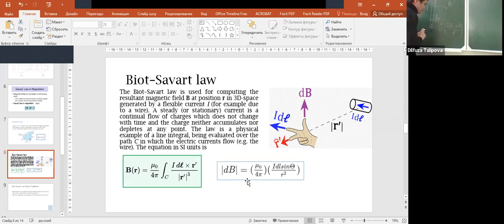But we need to find B, not the derivative of B. So B at some distance r is equal to mu 0 divided by 4 pi integral of I multiplied by dl vector product of the unit vector of r divided by r cubed.